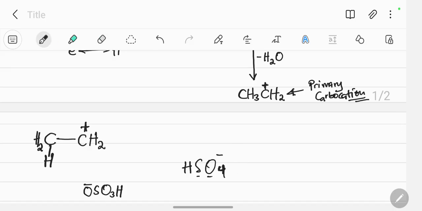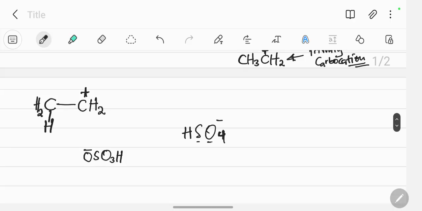When you try to draw the structure of this hydrogen sulfate, it's going to be bonded to 1, 2, 3, 4 oxygen atoms.